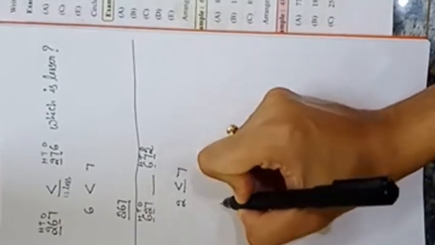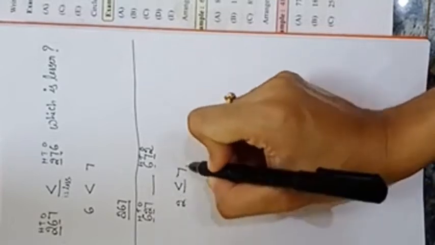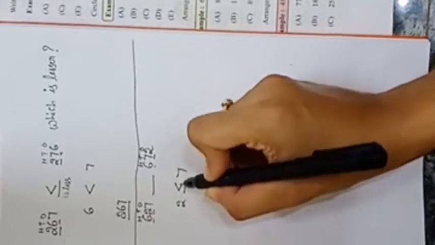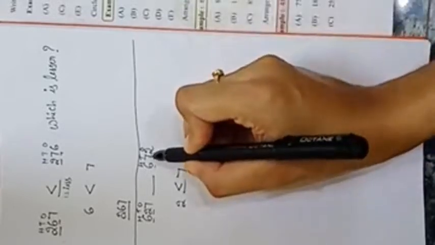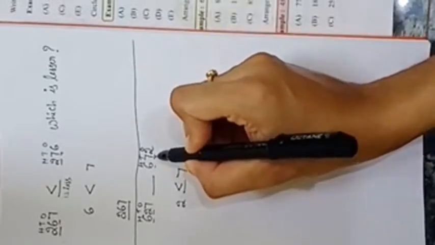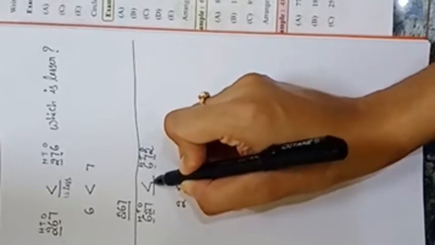So crocodile wants to eat 7. Why? Because 7 is the bigger number. So mouth of the crocodile will open towards the bigger number. So crocodile will always open its mouth towards the bigger number.